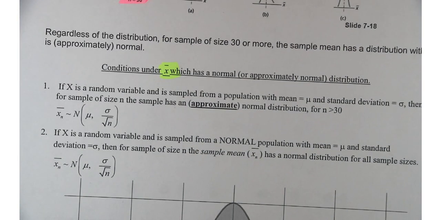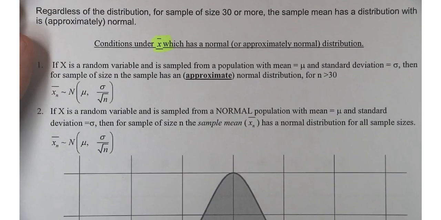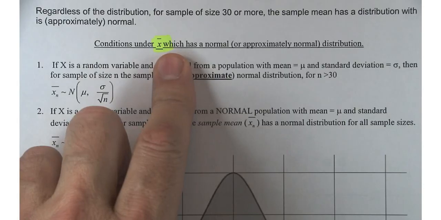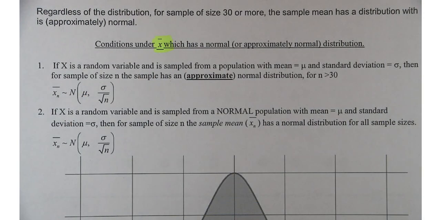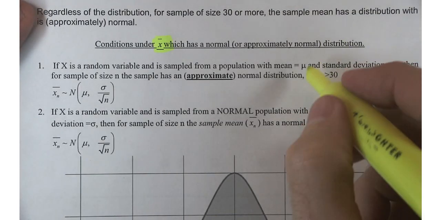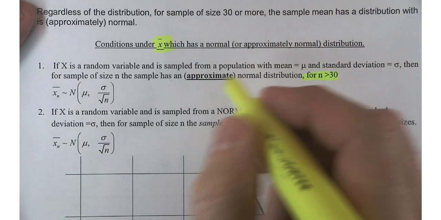Not sure if I'll put it on the test or not, but I used to have a question that said, complete the sentence. X bar has blank. And then your answer would be, an approximate normal distribution if the sample size is large enough. That is, if the sample size is greater than 30, then it's going to have an approximate normal distribution.